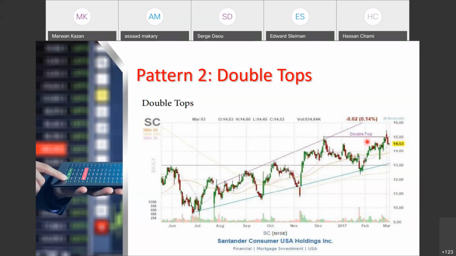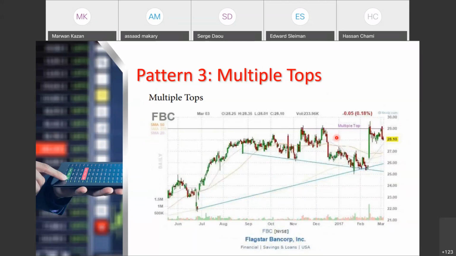So this is basically the double top. Now the multiple top is basically the same as the double top, but instead of only 2 times, it's more than 2 times, which actually makes it stronger.